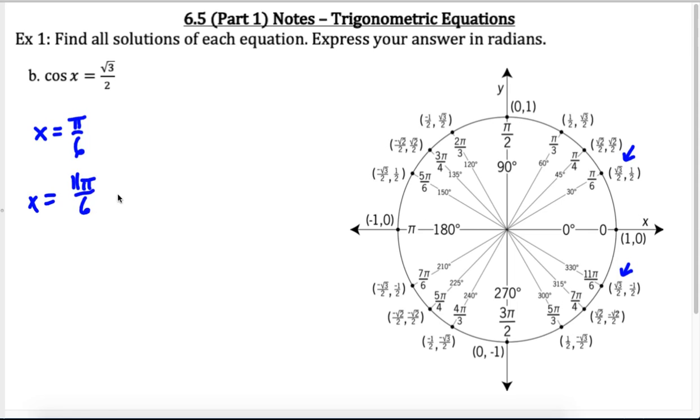But remember, we could go around the unit circle however many times we want. So what we need to do is add those rotations on. So we just say plus 2 pi n and plus 2 pi n.